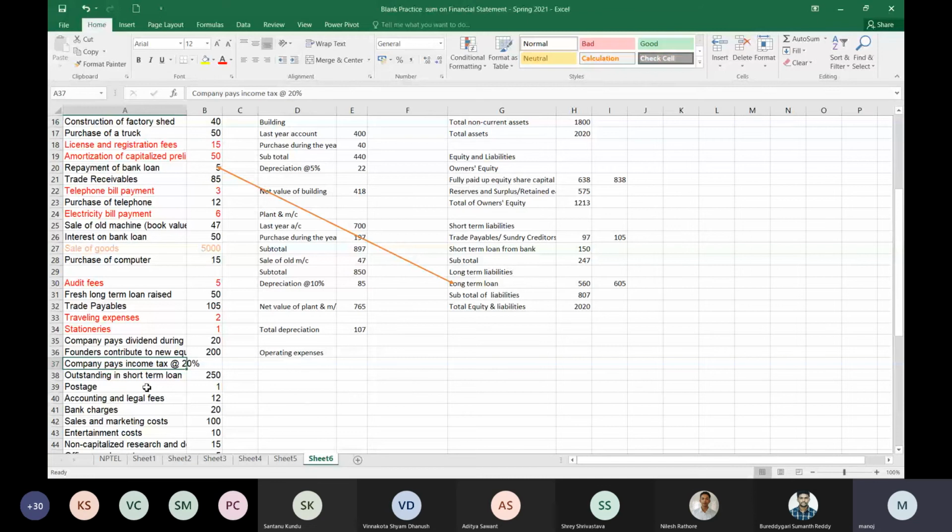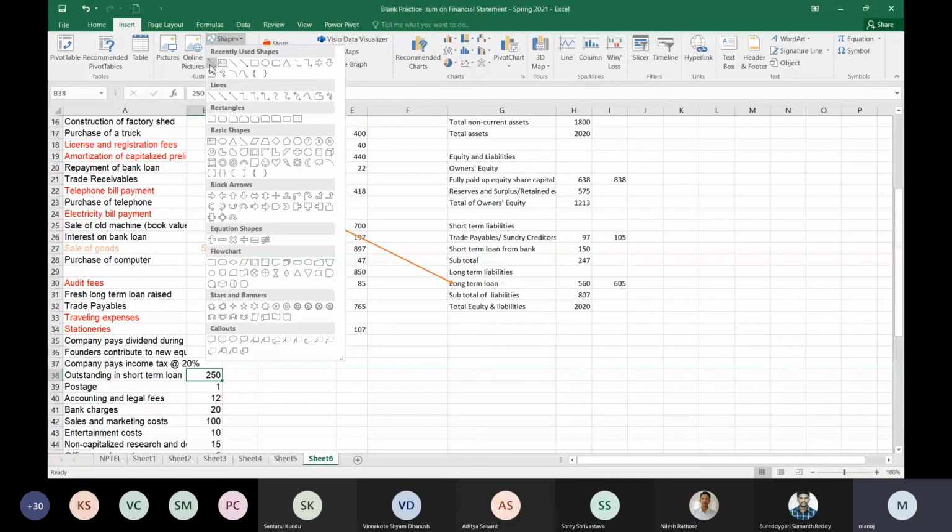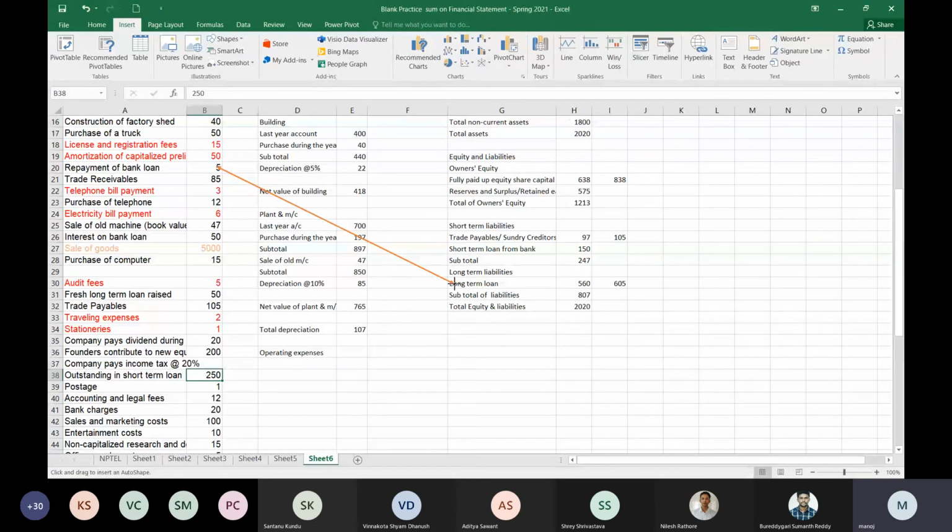Outstanding and short-term loan is done. Okay, not done. Outstanding loan directly goes to the balance sheet, because whatever is the balance with the bank, you just populate it here. Unlike long-term loan, only long-term loan has all those relationships. What are they? Long-term loan comes from here, then raise fresh long-term loan comes here.